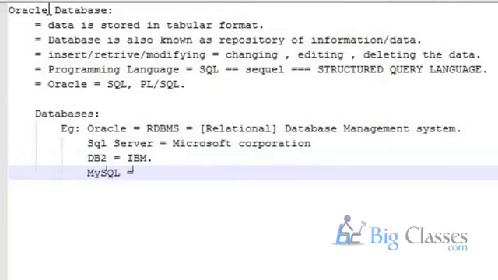This MySQL is also from the Oracle environment, that is, Oracle Corporation. And a thing to be highlighted: MySQL is an open source product. It means it can be freely downloaded from the internet and readily used. You don't need to pay for a license to use MySQL.